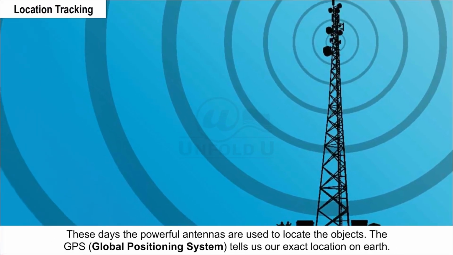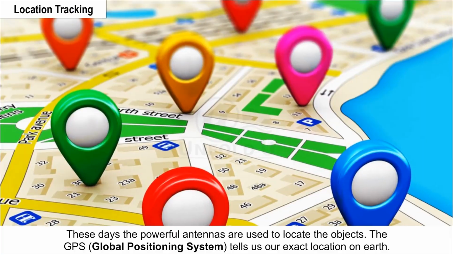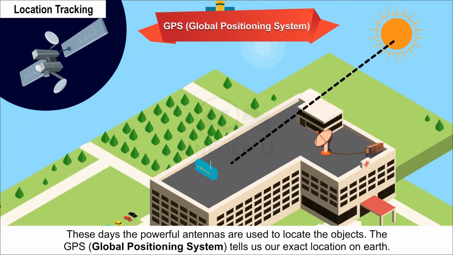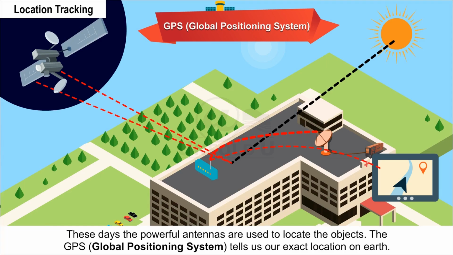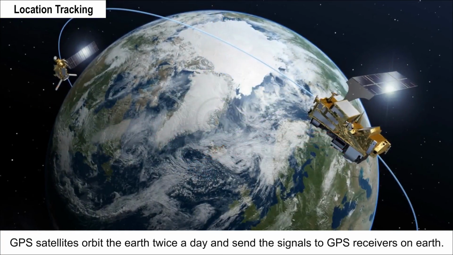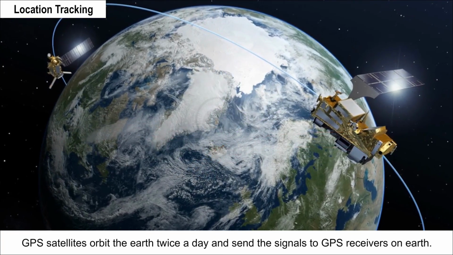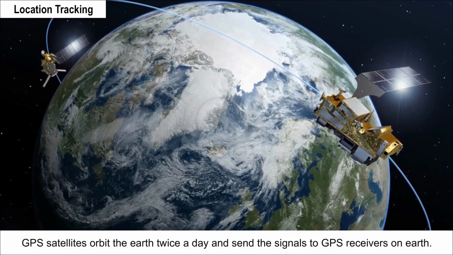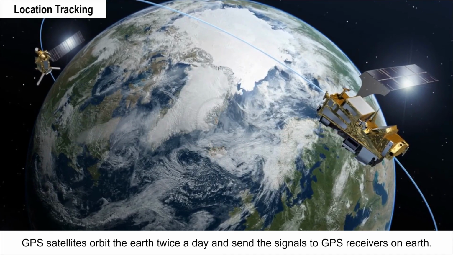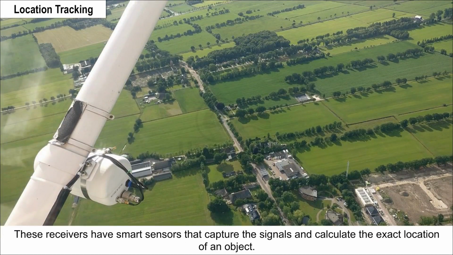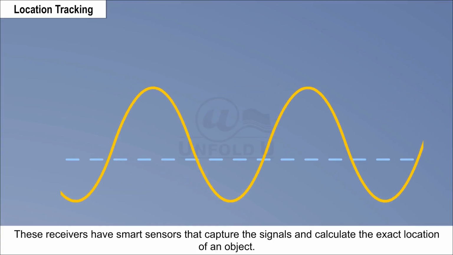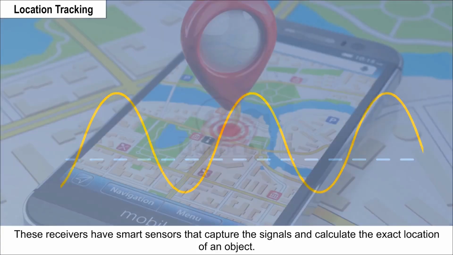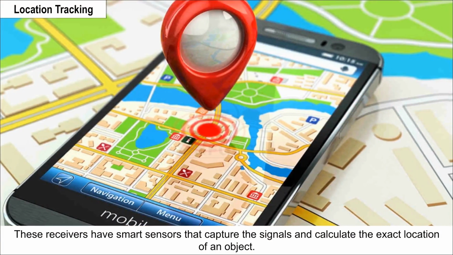Location tracking. These days, powerful antennas are used to locate objects. The GPS, Global Positioning System, tells us our exact location on Earth. GPS satellites orbit the Earth twice a day and send signals to GPS receivers on Earth. These receivers have smart sensors that capture the signals and calculate the exact location of an object.